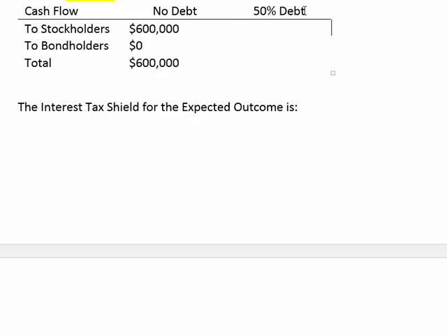If we have 50% debt, our cash flow to stockholders is $360,000. The cash flow to our debt holders is $400,000. And so the total here would be $760,000.